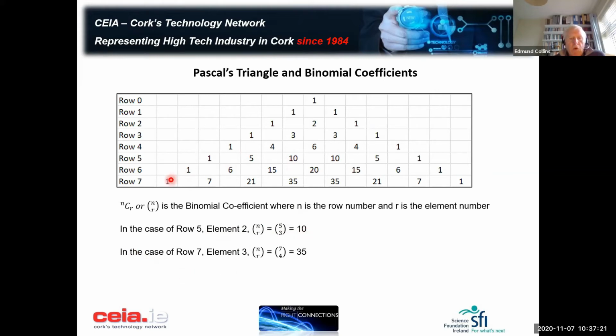Likewise, in the case of row 7, if we key in 7 and element 3, then we end up with 35 here. It's just important to understand where binomial coefficients come in. They may turn up in some other problems that you'll be solving. So that's the source of it, but it does come back importantly to nCr.